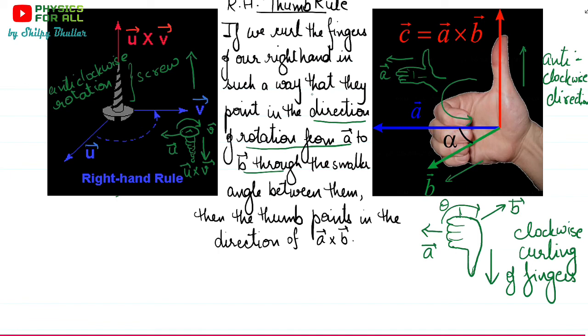This is very simple to understand, and in both the rules, right hand screw rule and right hand thumb rule, we are using a right hand. In the screw rule, we are holding the screw in our right hand and doing all the rotations, and in the thumb rule, we are talking of the right hand and our thumb. In one case it points upwards, and in another case it points downward. So these are the two simple rules to understand the direction of the resulting vector.